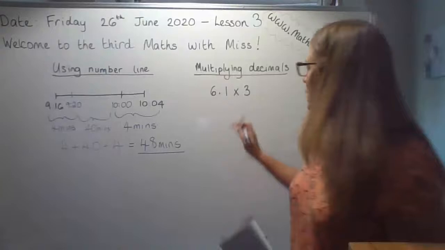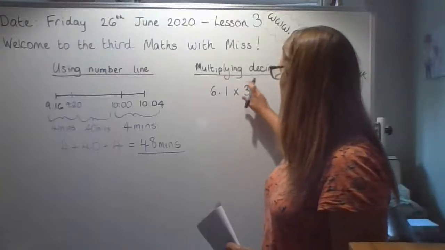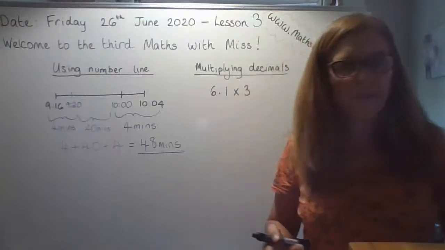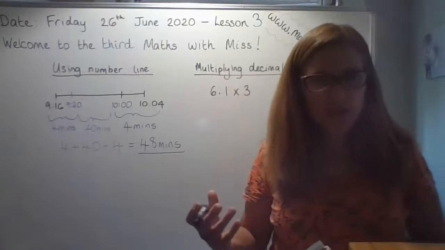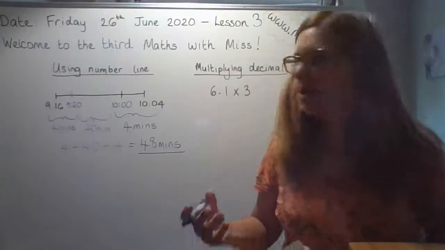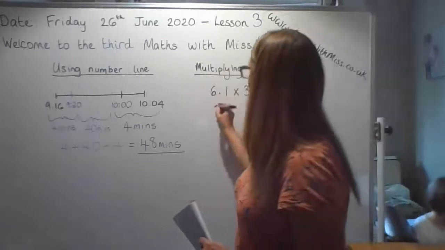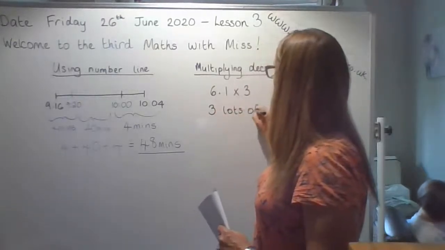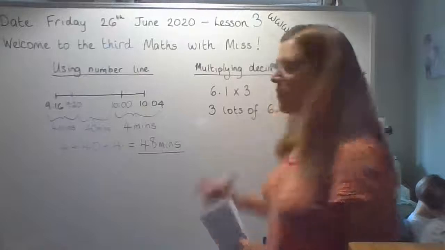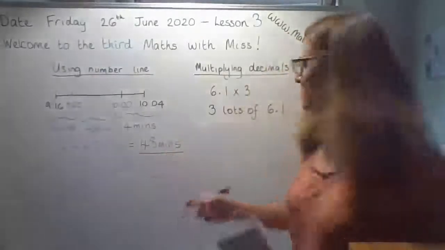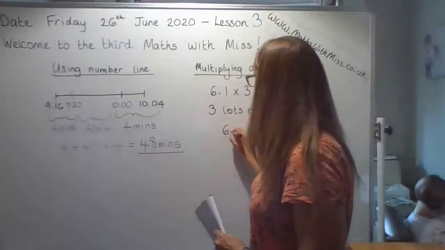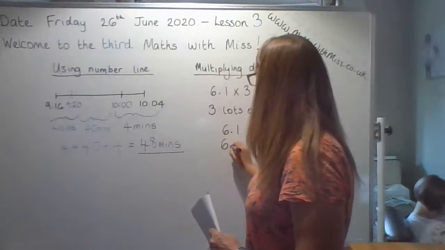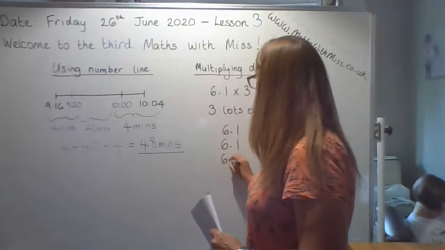So when you've got a small integer here, a small whole number, you can use addition if you find it a little bit easier. So what we're saying here is we've got 3 lots of 6.1. We've got 1 lot, 2 lots, 3 lots. Let's write it down.